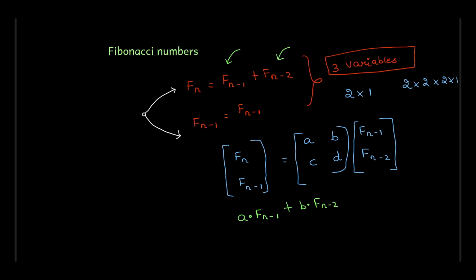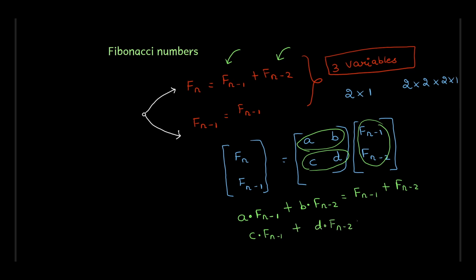This will be the topmost element of the matrix after you have multiplied this row with this column. But this has to be equal to the number that you are seeing on the right hand side, f of n minus 1 plus f of n minus 2. And similarly, when you do this computation, you would get C into f of n minus 1 plus D into f of n minus 2 is equal to f of n minus 1.